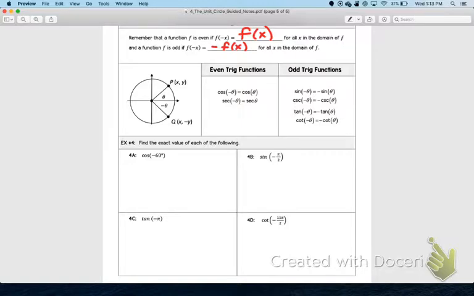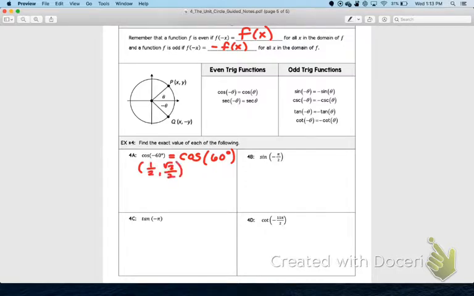Okay, so if we use this knowledge to evaluate trig functions, if I wanted to do the cosine of -60, well, that's going to just be the same as the cosine of 60 degrees. And 60 degrees, remember, had us at 1/2, square root 3 over 2.